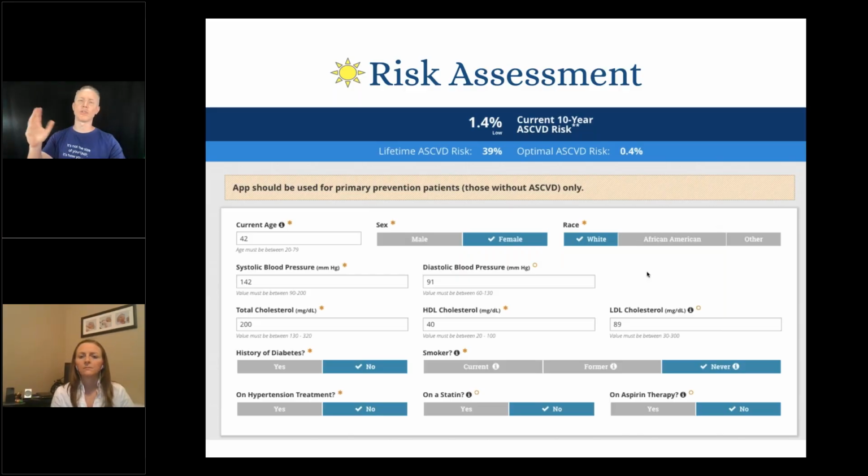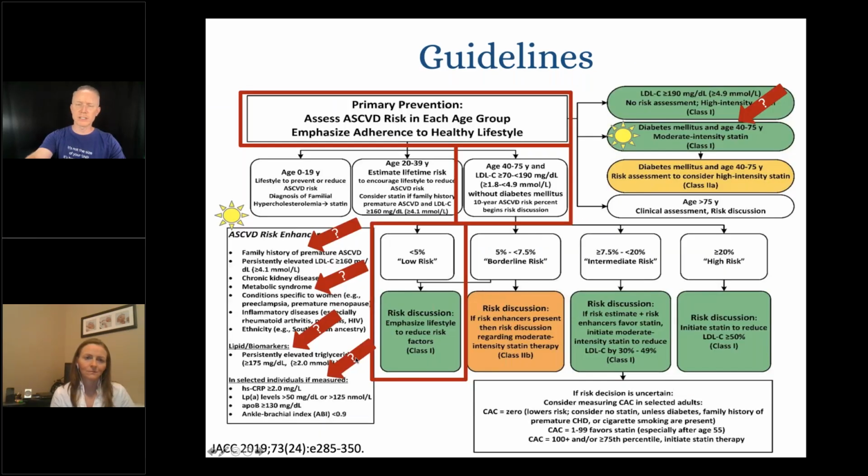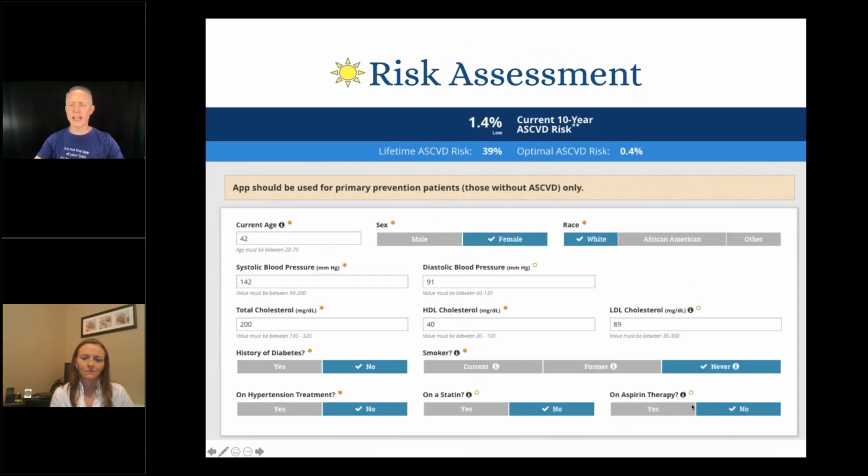That age group is where most of the data is. So we plug in her age. She's 42 years old. She's a female, Caucasian. Here's her blood pressure. Here's her cholesterol numbers. You know, she has diabetes and, you know, is on a statin. She's not on aspirin. So her 10-year risk is 1.4%, which this risk calculator says is low. Okay. Her lifetime risk is 39%. All right.